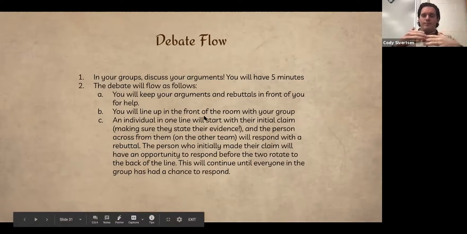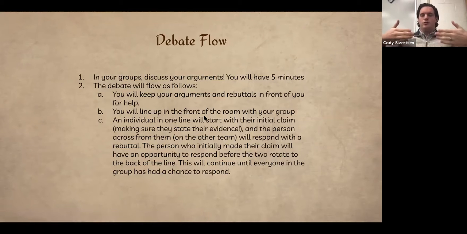The benefit of having these two groups is that if the person in the front of the line totally freezes up and says, I don't even know what that means, they can turn back to their group and have a quick discussion. Then they'll turn around and argue back. Once the person at the front of the line has had a chance to respond, I have these two people circle back to the back of the line.